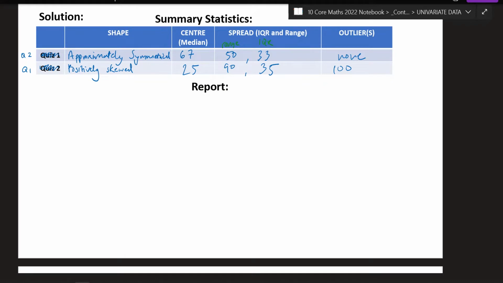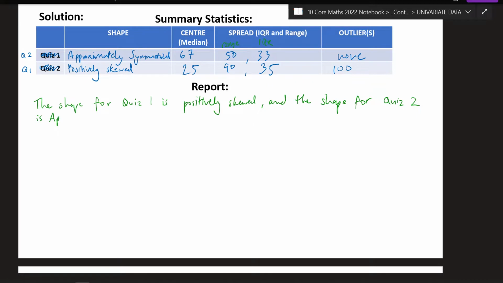The shape for quiz 1 is positively skewed, and the shape for quiz 2 is approximately symmetrical. That's the first thing you compare, the shape.